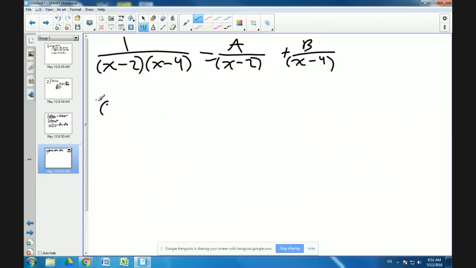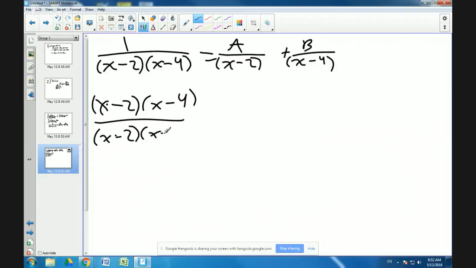So we are left with x minus 2, x minus 4 over x minus 2, x minus 4, which cancels out down to 1.